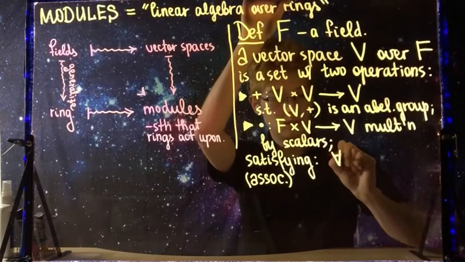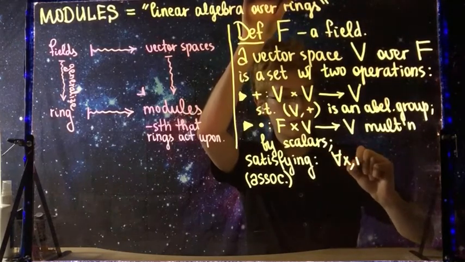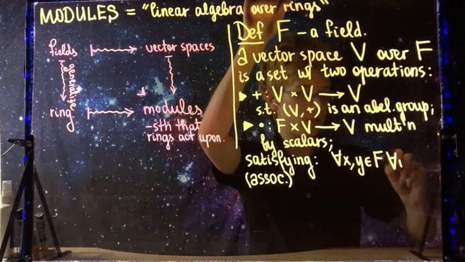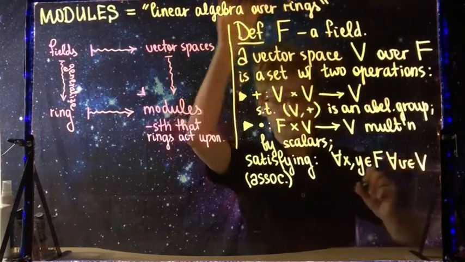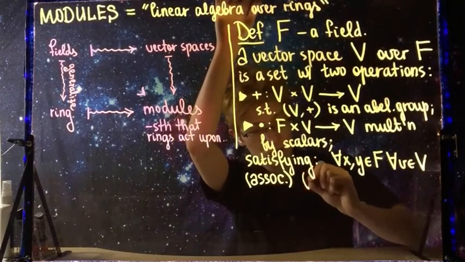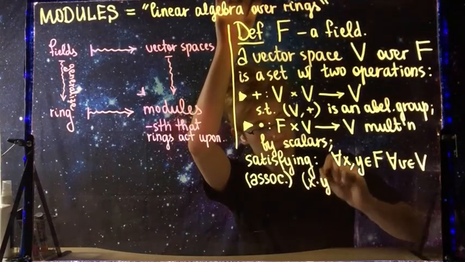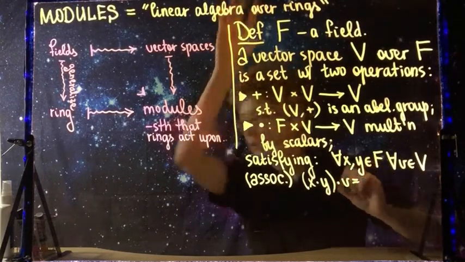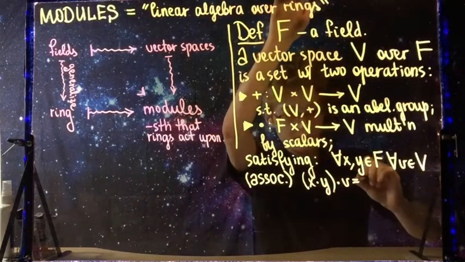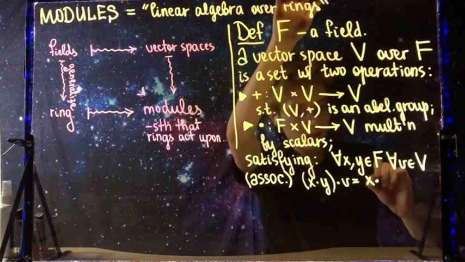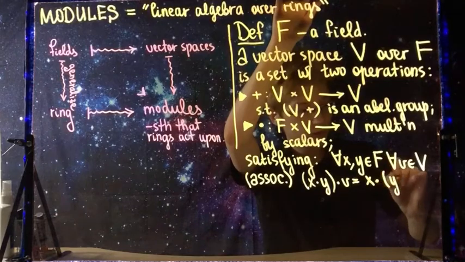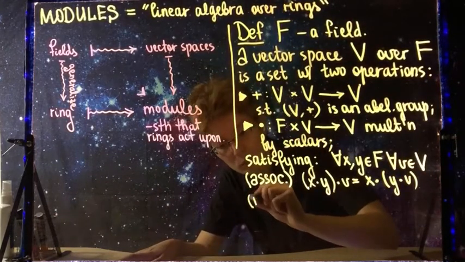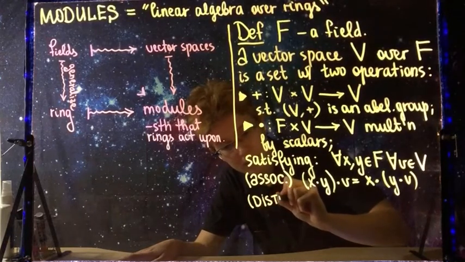So for any pair of scalars x and y, and for any vector v in V, we want that x times y times v is the same as x times the product of y and v. We want to have right and left distributivity.